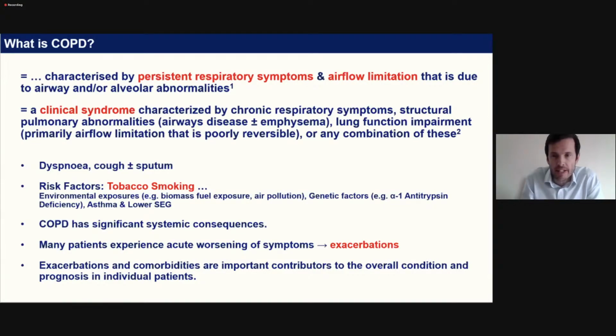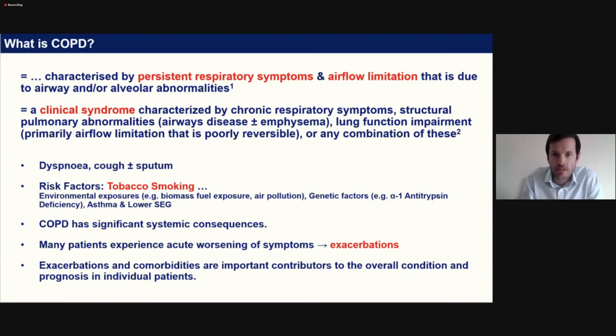The most common risk factor, as we know, for COPD is tobacco smoking, but other environmental exposures, such as biomass fuel exposure and air pollution, are likely to contribute. Other factors, such as genetic factors, such as alpha-1 antitrypsin deficiency, asthma, and lower socioeconomic status, are also associated with an increased risk of developing this disease.